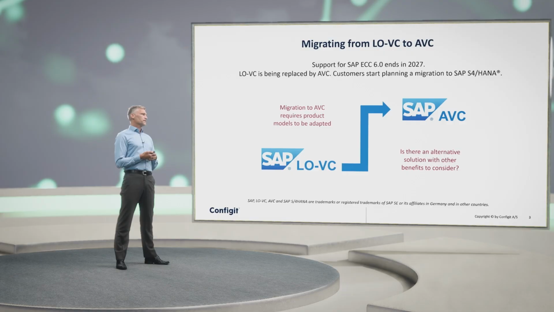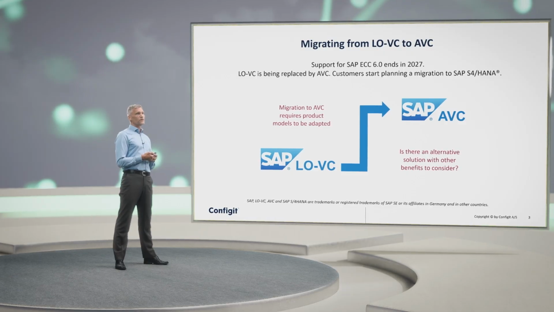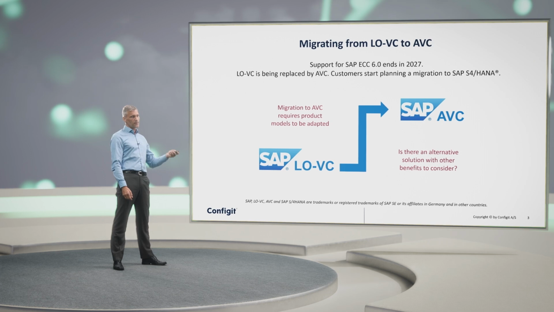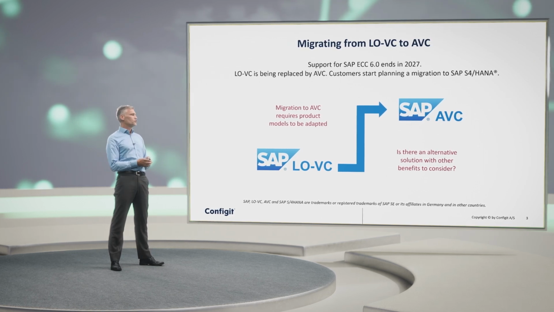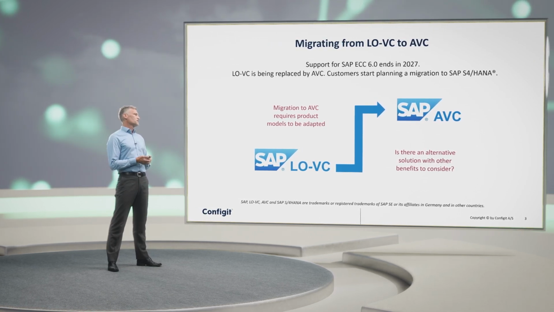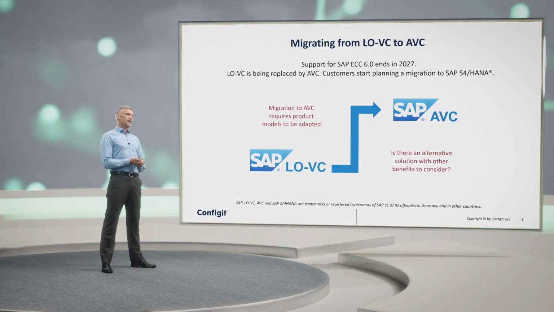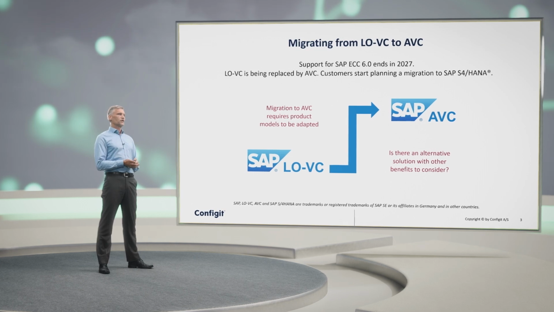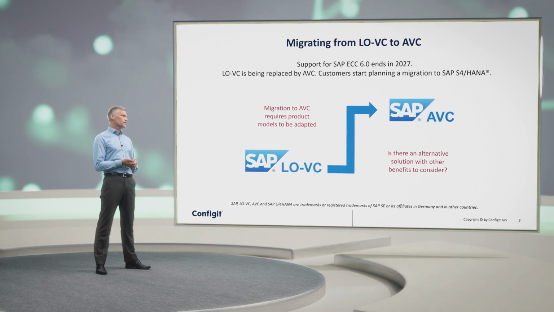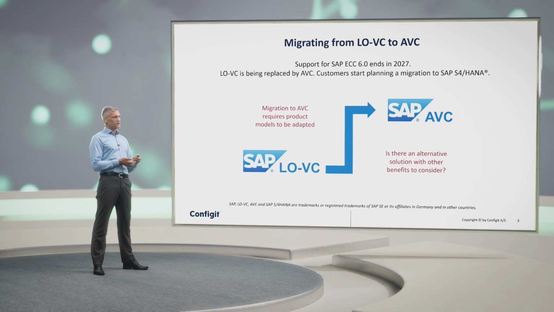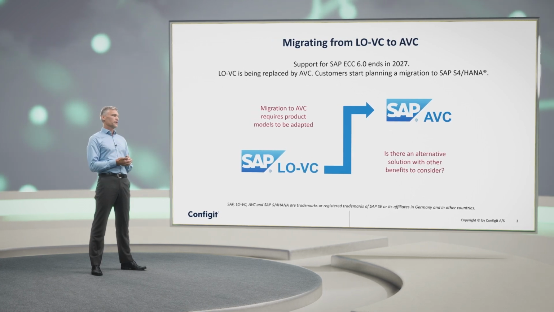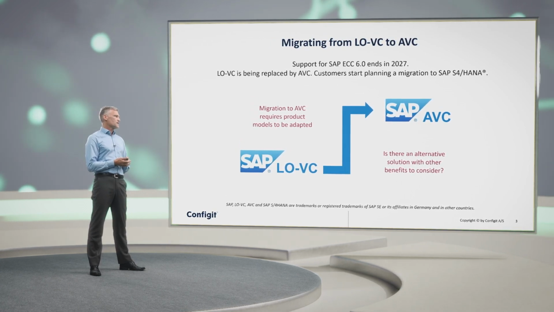This means that LO-VC will now only be available in the on-prem deployments of S4 HANA, and all new improvements to the configurator will only be made available in the new Advanced Variant Configurator. So if you want to use S4 HANA in the cloud, or if you want to take advantage of some of the new improvements to the configurator, you have to switch to AVC and migrate your product models.